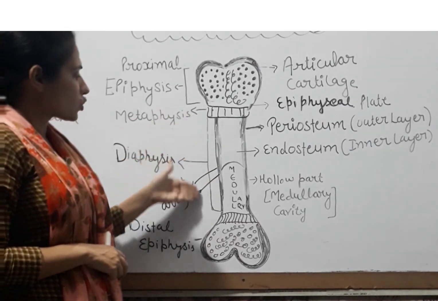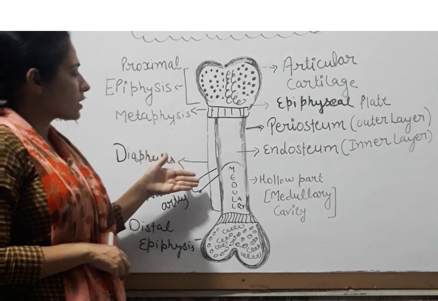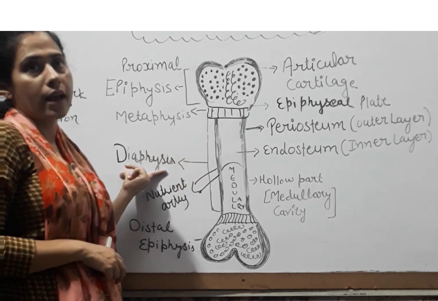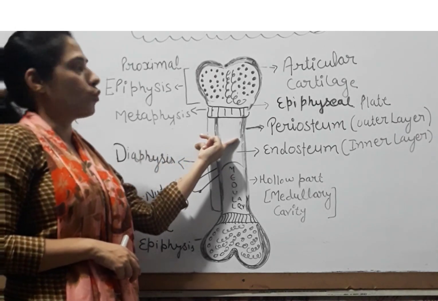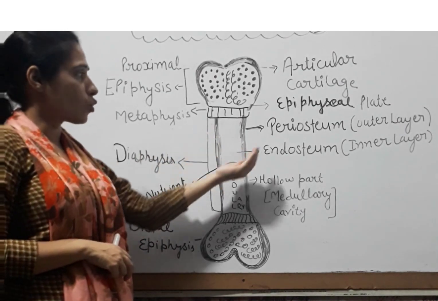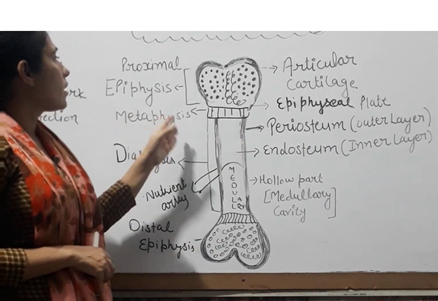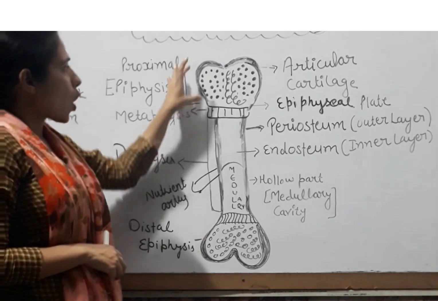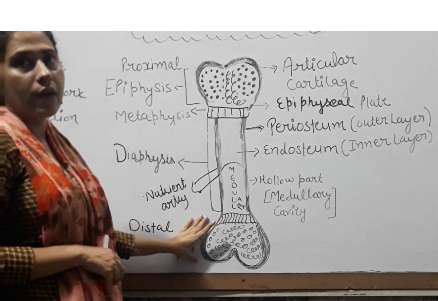The long portion present in the center of the bone is known as the diaphysis. It is usually the longest, strongest portion of the bone, and it has many parts inside and outside. Now we have the epiphysis. On the upper side we have an epiphysis, and on the lower side we have an epiphysis.